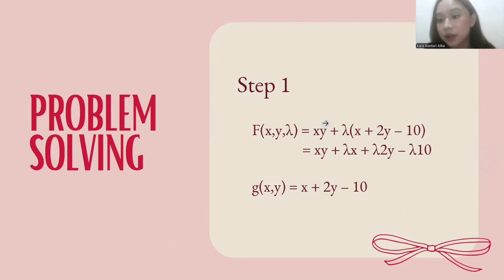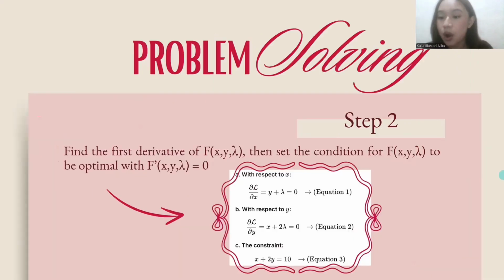And the constraint, which represents the condition that must be satisfied, is this. To apply the method, we construct a new function called the Lagrangian, which incorporates the original function and the constraint. We use a new variable, lambda, known as the Lagrange multiplier.